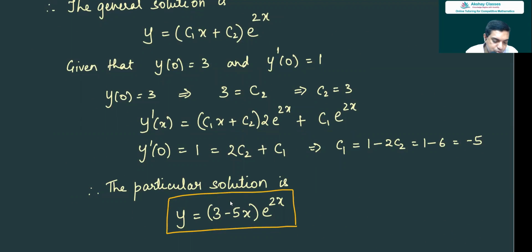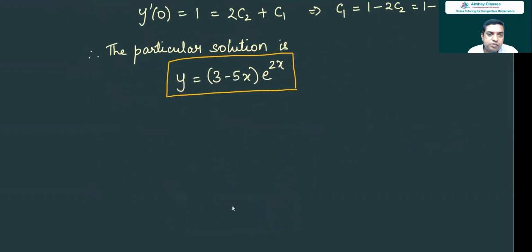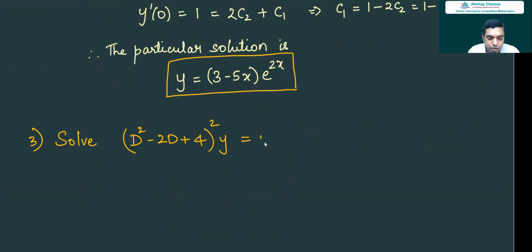Okay, let's do other problems. Third one, solve (D square minus 2D plus 4) the whole square times y equal to 0.